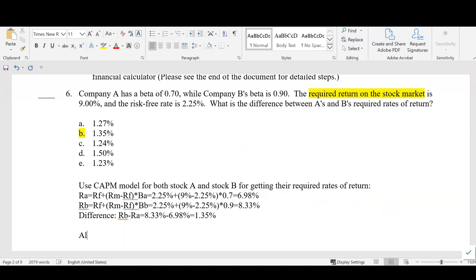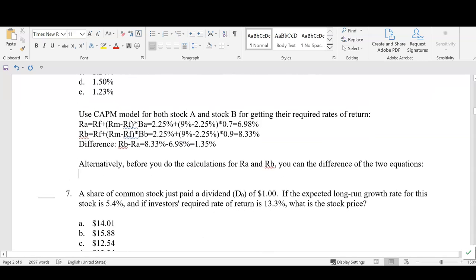Okay, alternatively, before you do the calculations for RA and RB, you can take the difference of the two equations. So instead of taking the difference of these two numbers you have calculated out, you could actually take the difference of the formula.